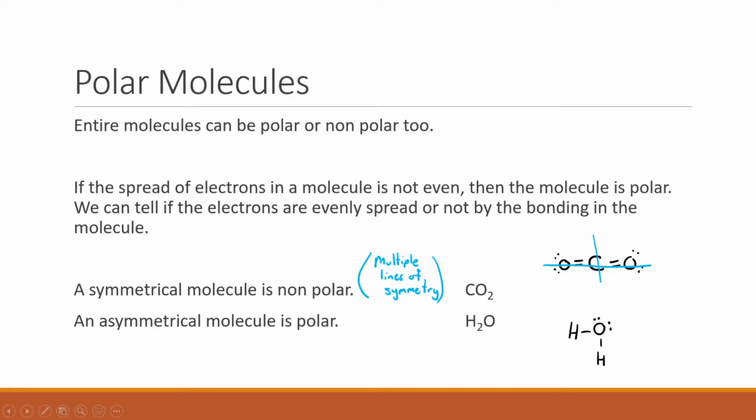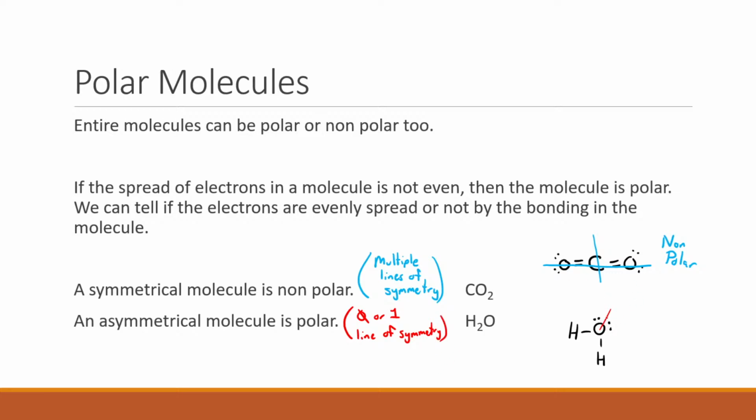So a symmetrical molecule, something with multiple lines of symmetry, is a non-polar molecule. That means the electrons in this thing are being shared evenly. On the other hand, something that is asymmetrical, something that has 0 or 1 line of symmetry, is a polar molecule.